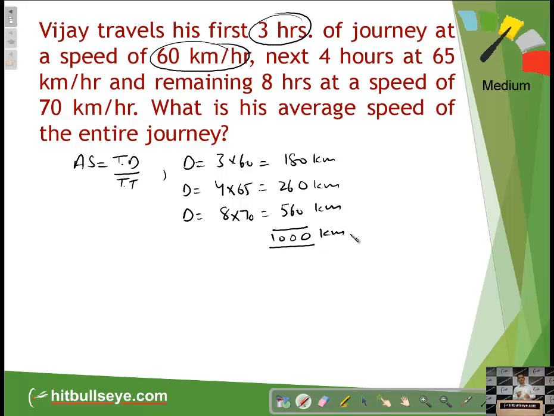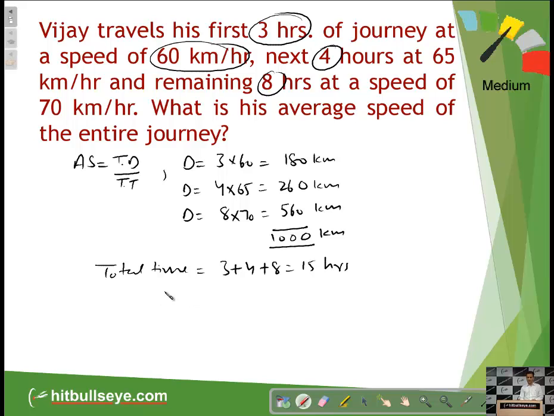Now we have got the total distance 1000, and total time is given as 3 hours plus 4 hours plus 8 hours. What is total time, students? Total time is 3 plus 4 plus 8, which will be 15 hours.